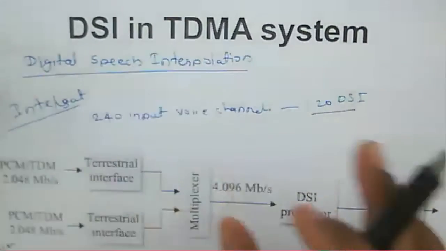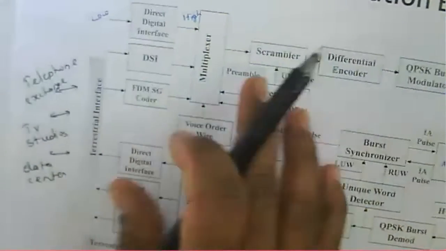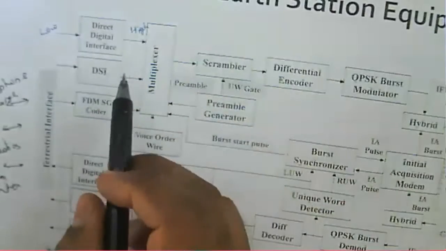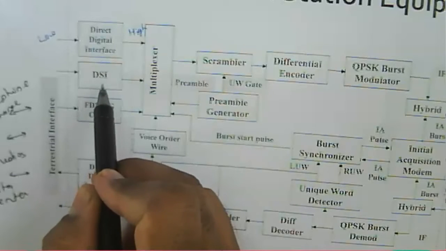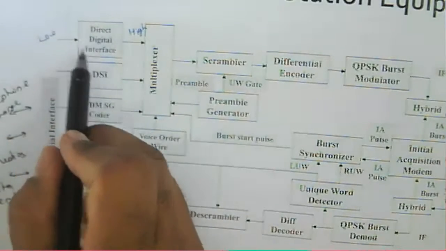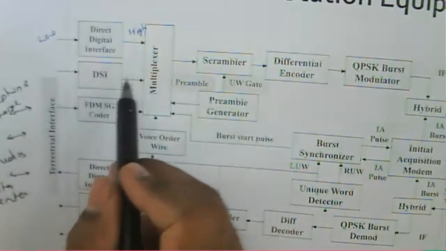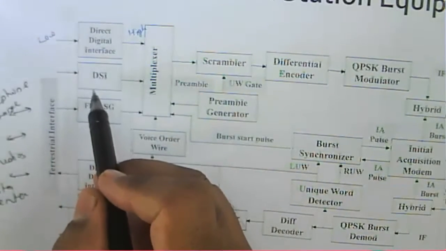That is about the digital speech interpolation technique. So that is about a part of the TDMA earth station equipment. So here we have a DSI, and then we can say that input from this TDI as well as input from the DSI will be multiplexed here. So we have seen this DSI.